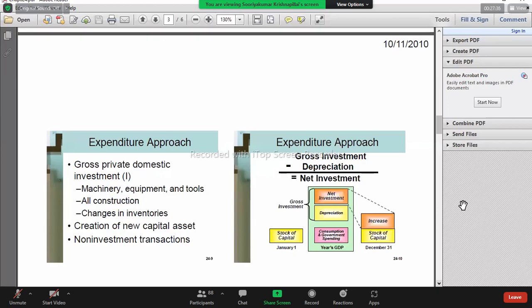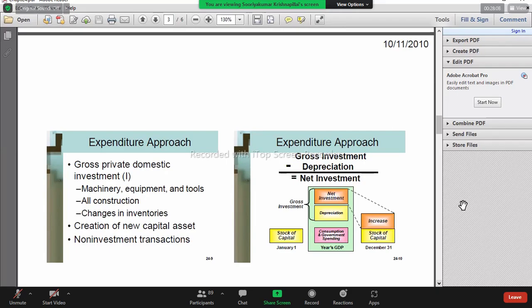Machinery, equipment, tools, all construction, building and other things, and changes in inventories are part of private domestic investment. Anything that is creation of a new capital asset is investment. If we spend money on a second hand sale, that is not investment.